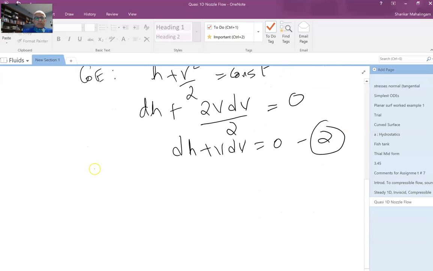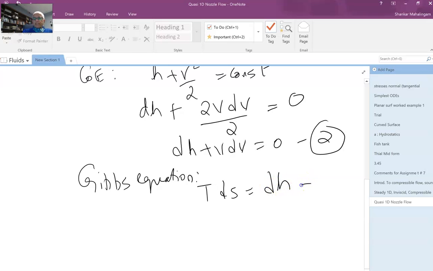Let's recall what's called the Gibbs equation, which we saw in an earlier video. The Gibbs equation tells us a relationship between entropy change and pressure change: T dS equals dH minus dP over rho.